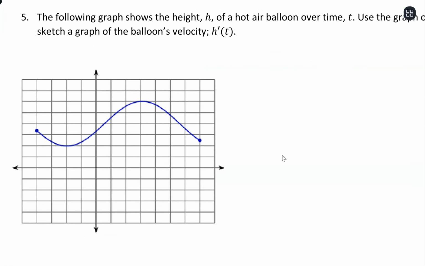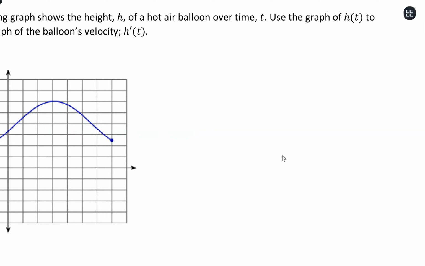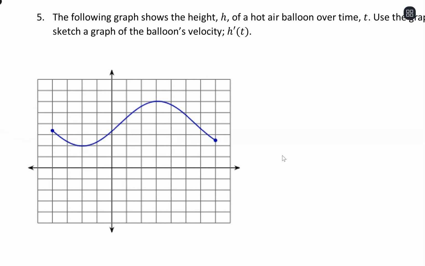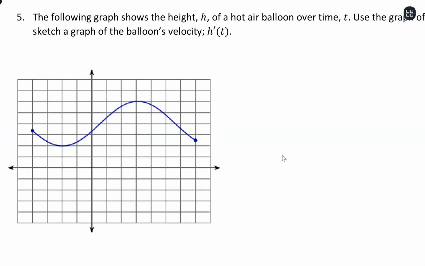Okay, so let's look at this graph here. We have a graph that shows the height h of a hot air balloon over time, and we want to use the graph to sketch a graph of h prime of t. So we have our original function h of t here, and we want to sketch h prime of t.